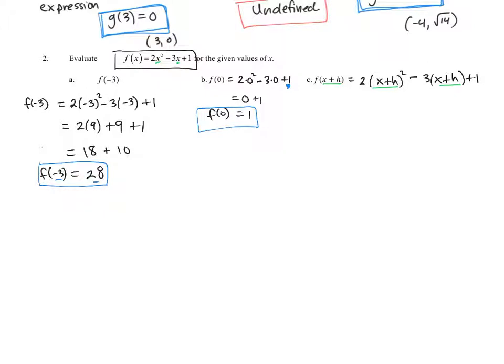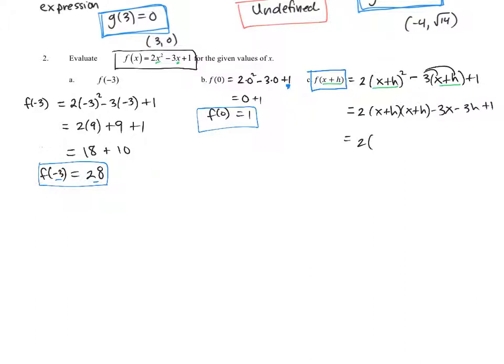Now, remember, we don't have an equation. It looks like it, but this is simply telling us what's being asked. On the right side of the equation, I'm showing the work. I need to show that I'm going to actually square x plus h, and then distributing that 3, we would get negative 3x minus 3h plus 1.